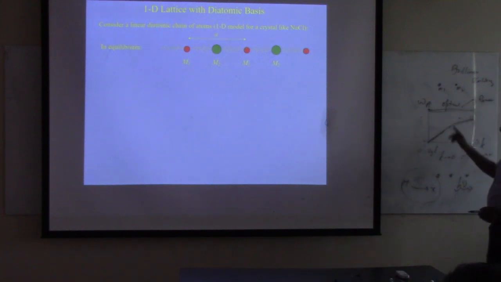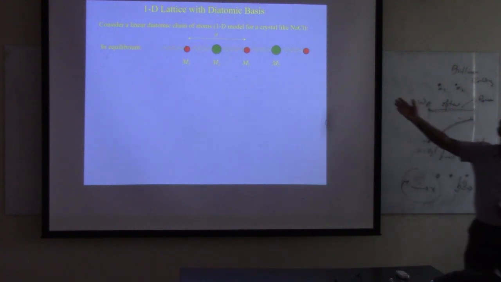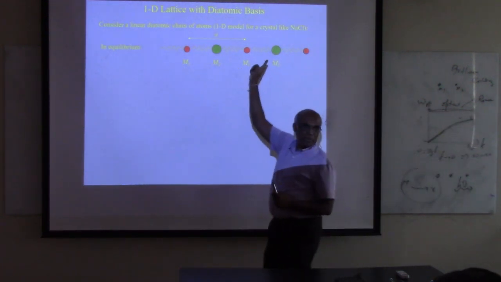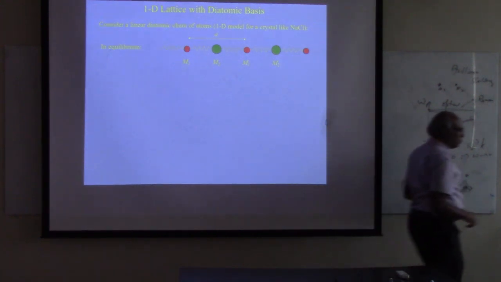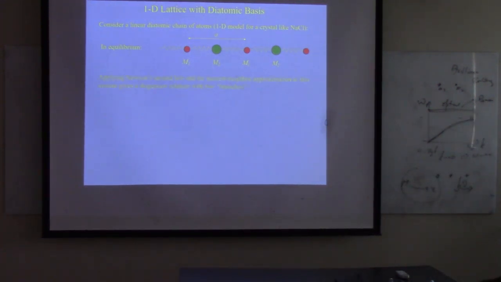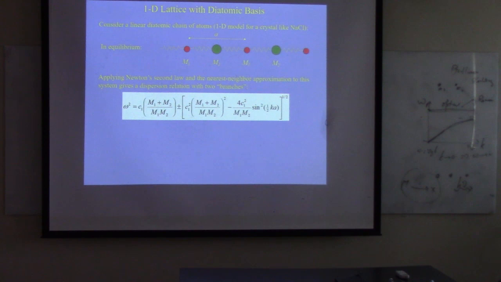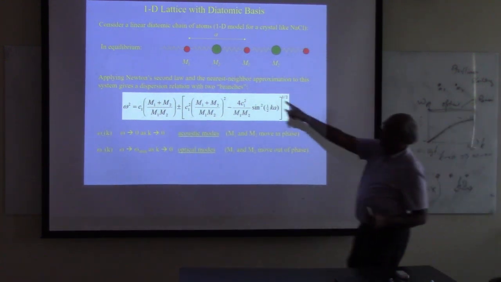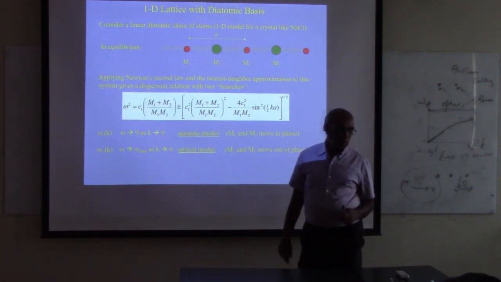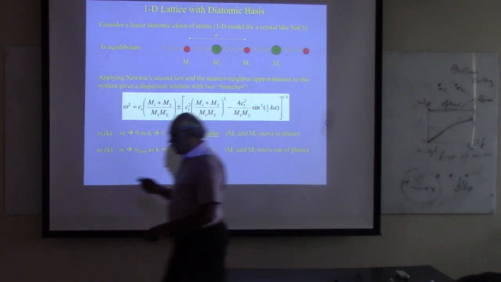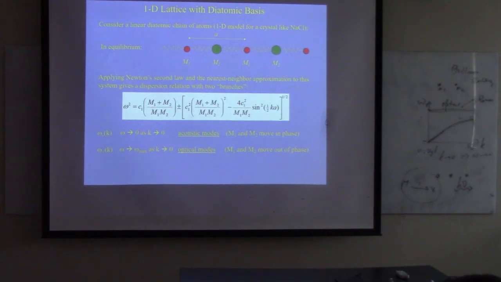Okay, now let's look at how this one works. Again, we'll use the same model for the spring constant. I will show you how to prove this one. In the single monoatomic case, if you remember, your omega was simply 2 square root of C over m times sine k over 2.